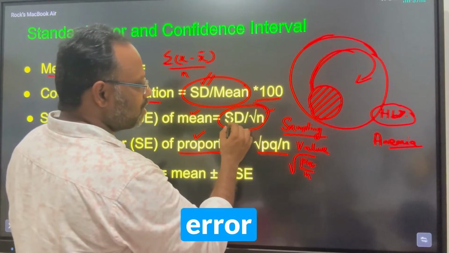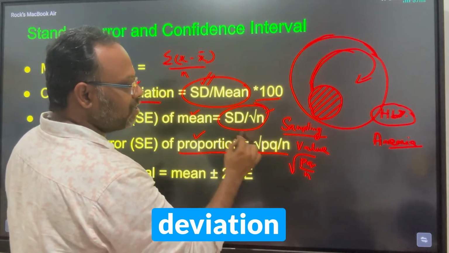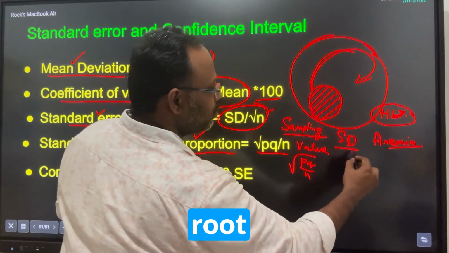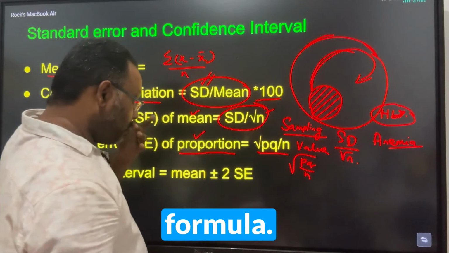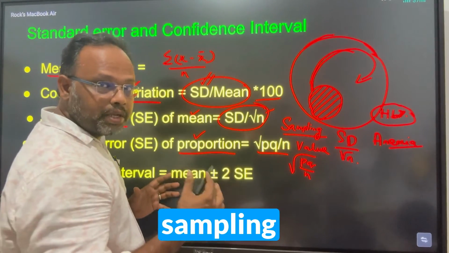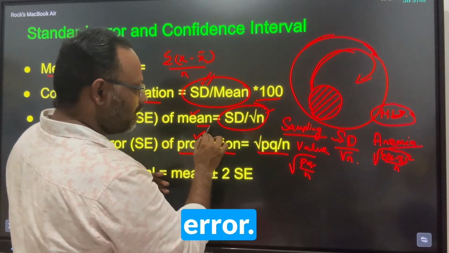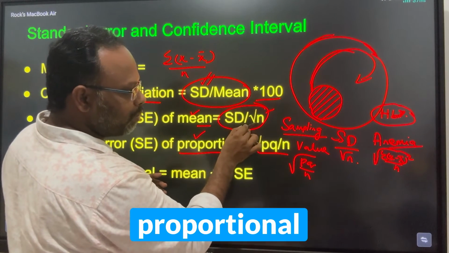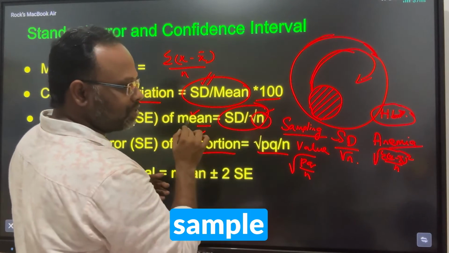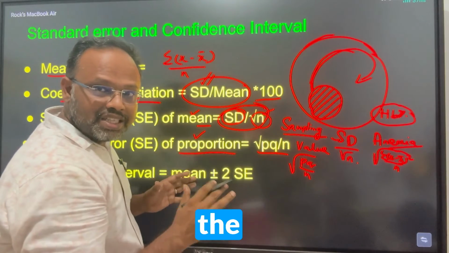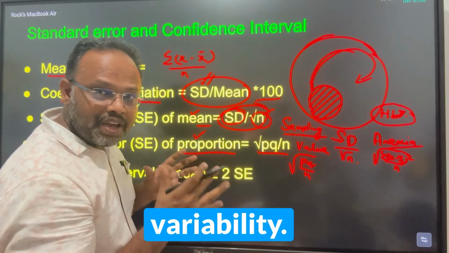We have standard error of mean as standard deviation divided by root of n as the formula. And as we all see, if you look at the formula, the sampling error is inversely proportional to the square root of the sample size. And what the standard deviation literally means is the variability.